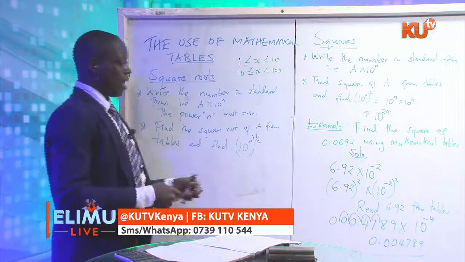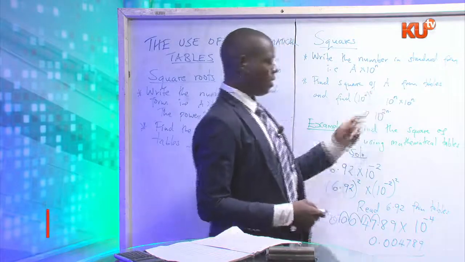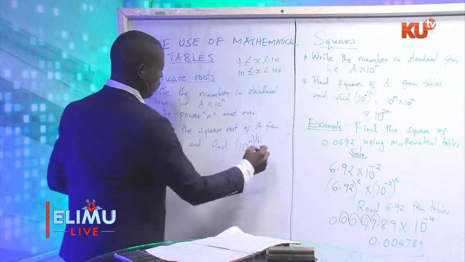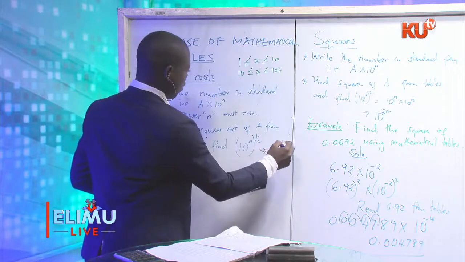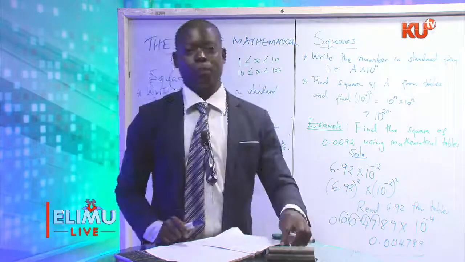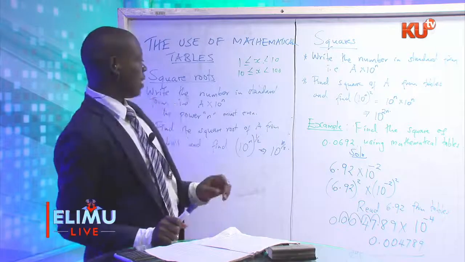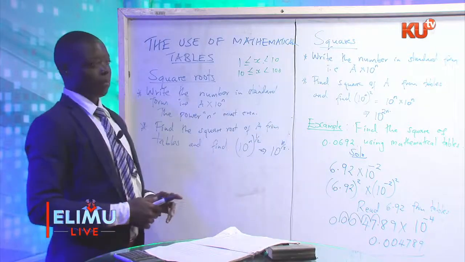So in this case, unlike in squares where we multiply by the power, what we shall do here will be 10 power n over 2. We divide n by 2. Those are the steps that we follow when we are discussing square roots.